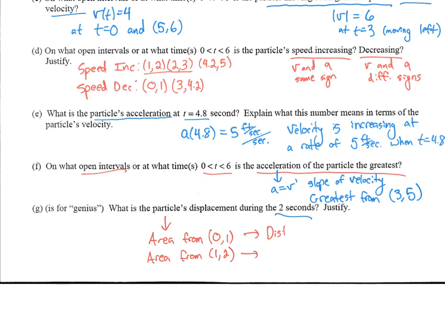That would give me the distance traveled, because the velocity is positive there. That would be the distance traveled to the right, and this would be the distance traveled to the left. So then I want you to think about what the displacement would have to be, just considering those 2 facts.